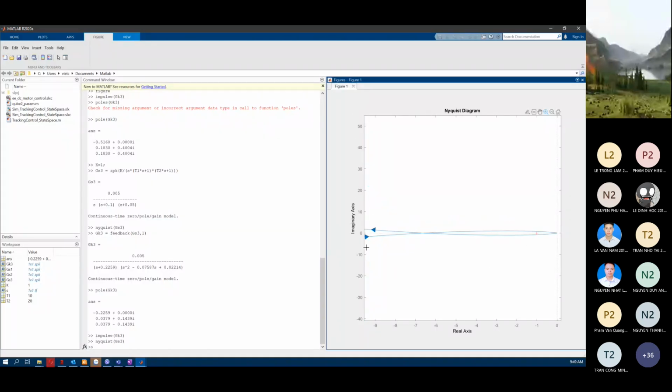Sao nó lại thế nhỉ? Trừ vô cùng này, đi qua đây này, vào điểm này một lần này, đến vô cùng. Wait a moment.